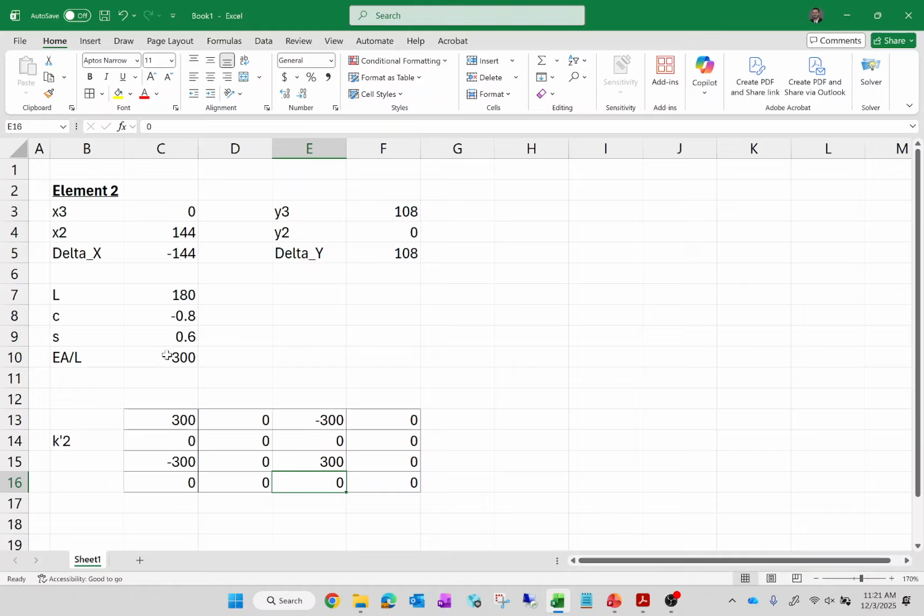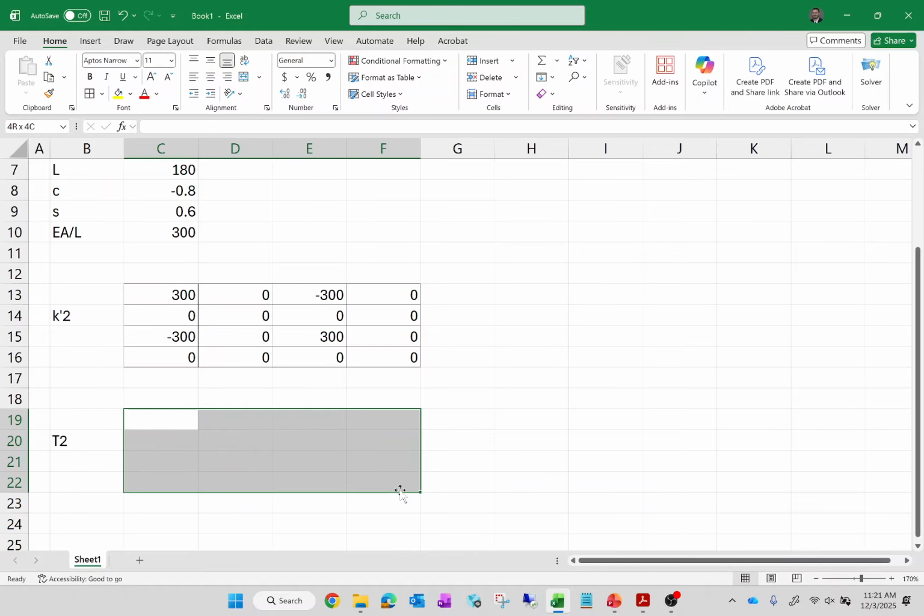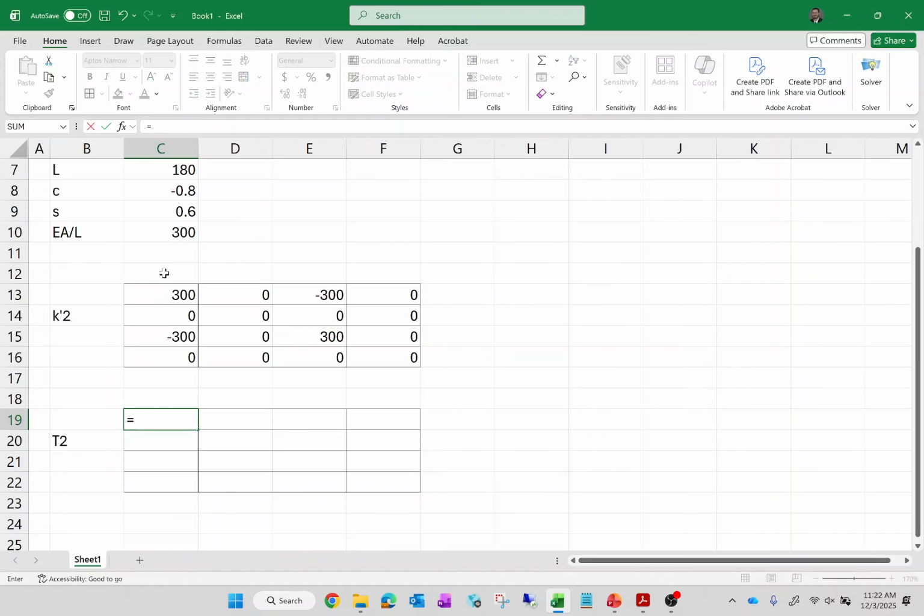Okay? Now, my T matrix, I'm going to put this down here, is also going to be 4 by 4. And it's going to look like this, right? So the diagonal is going to be C's.